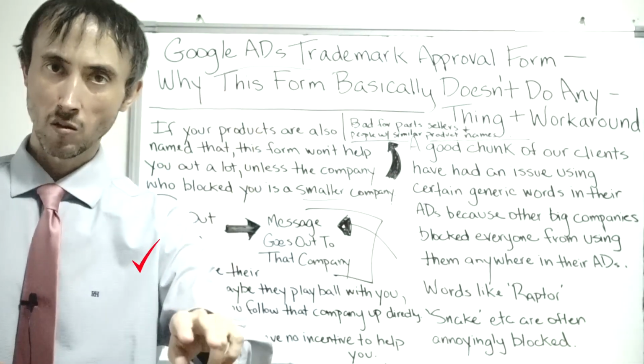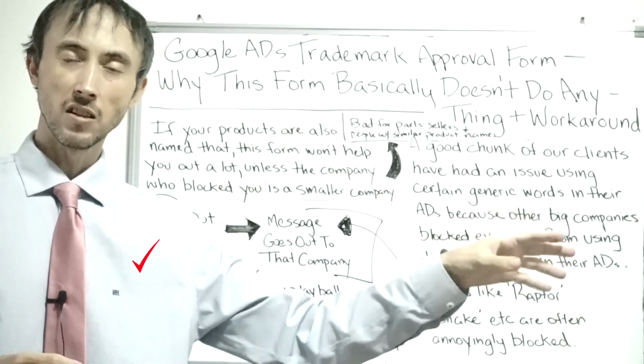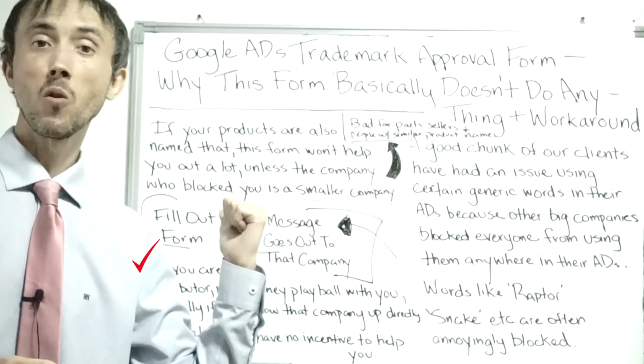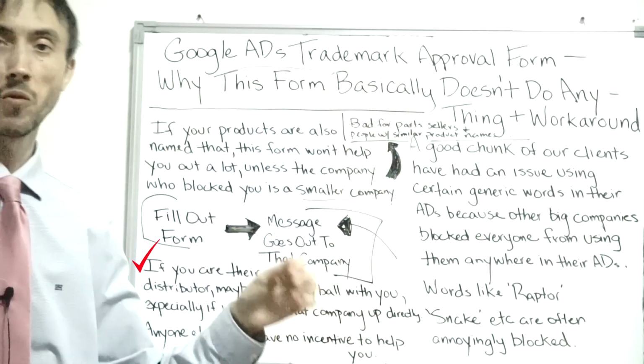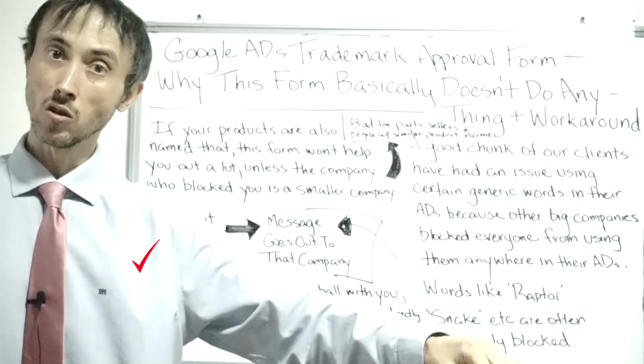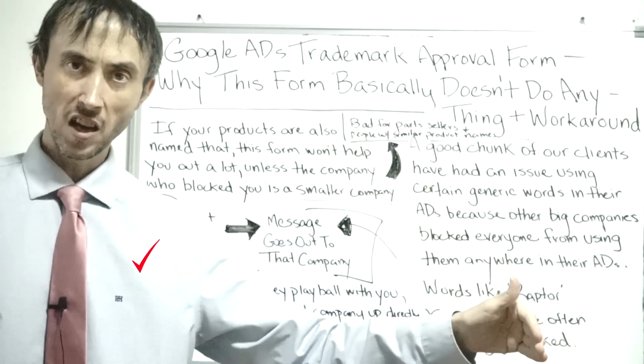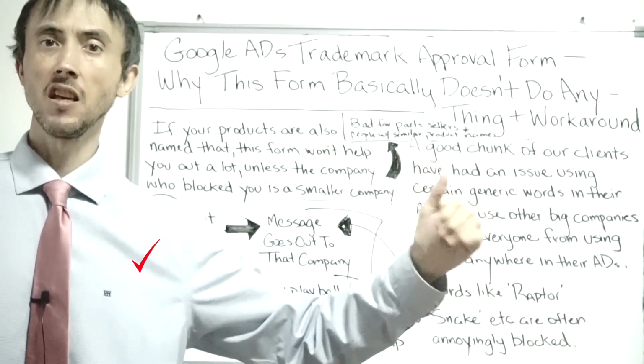I sent a request through for the trademark approval form, and it should have sent you an email asking if I can use the trademark in my ad. So can you please check your email and get that approved for me?